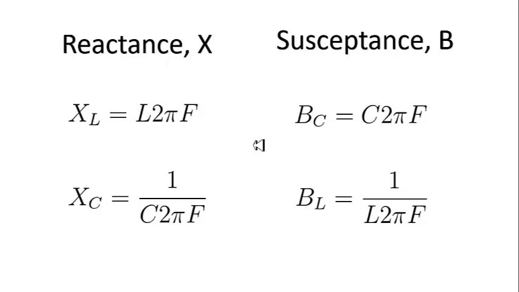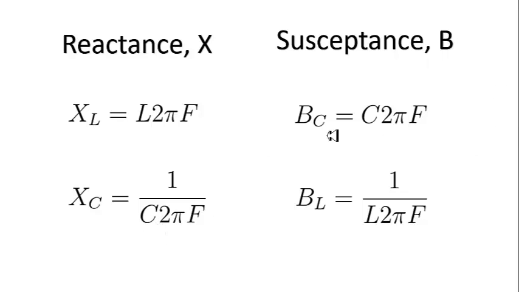So the inductive reactance has this equation. The capacitive reactance is the reciprocal of this. Of course, here you're plugging in the inductance of your inductor, and here you're plugging in the capacitance of your capacitor.